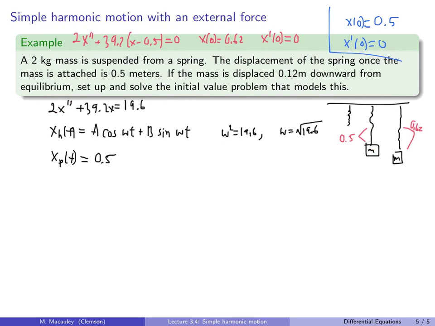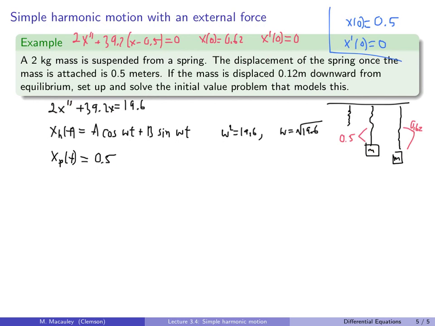In other words, suppose you just left the mass hanging right here at 0.5 meters. It's not going to move. It's going to stay still forever. In that case, you have a constant solution. The displacement of the mass is fixed at 0.5 right here.